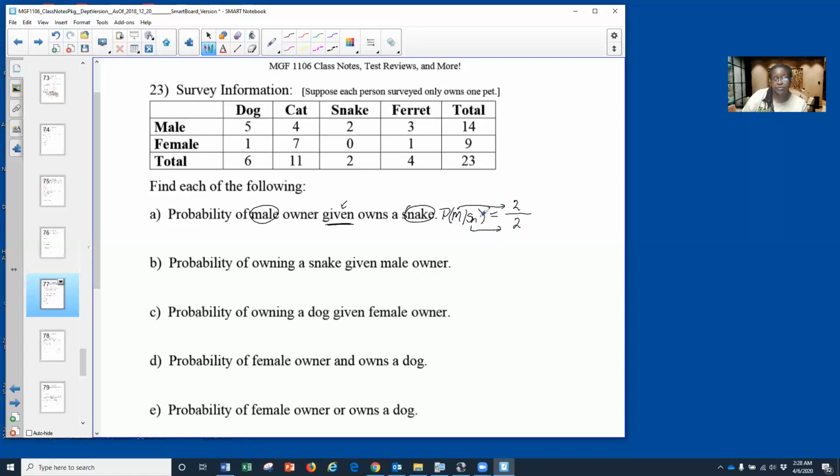I looked at my chart at the total number of snakes. That would be 2. And then out of those 2, that total, how many of them were owned by males? So then I went up to my chart and I realized that the 2 snakes that were totaled, they were owned by males. So that was my numerator. Then I can reduce it and I get 1.